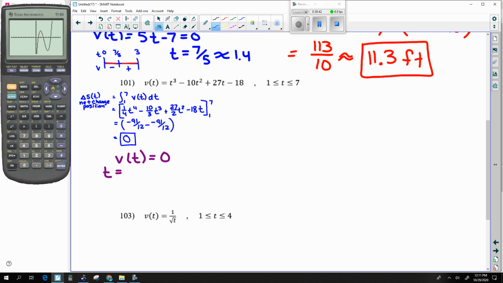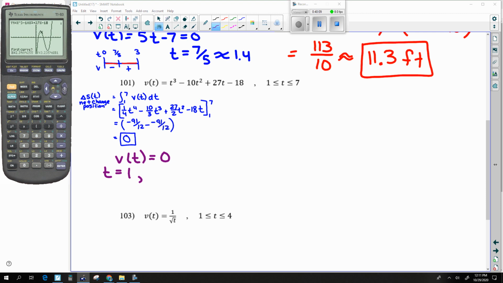I'm going to find these intersections because I graphed a 0 line. So I have one intersection at time is equal to 1.